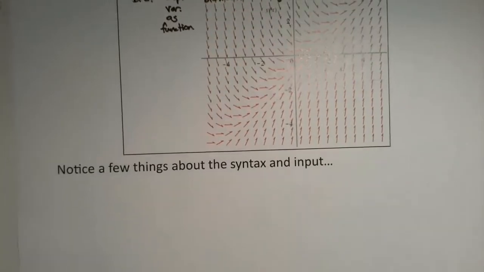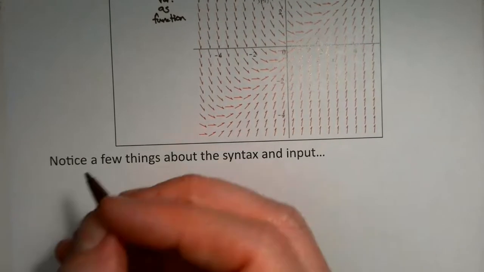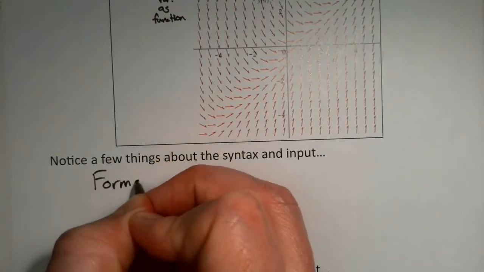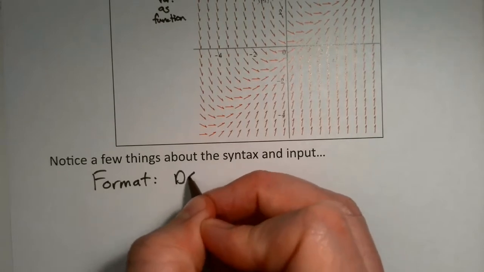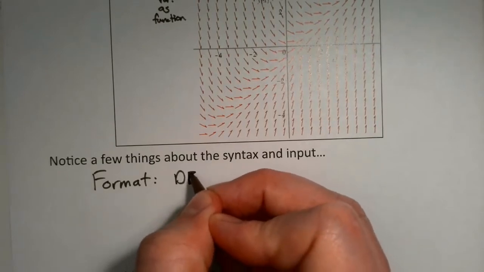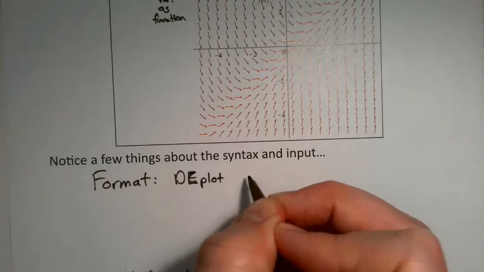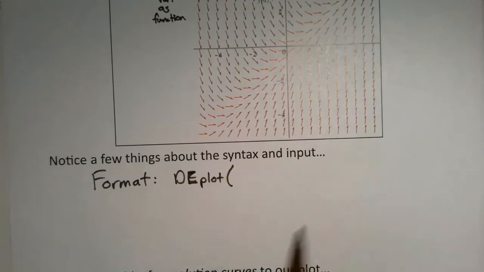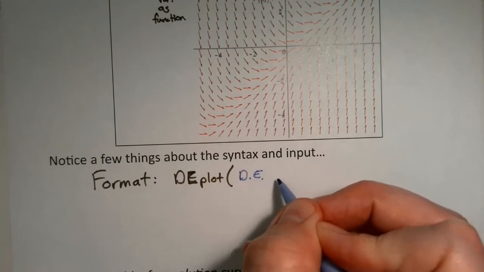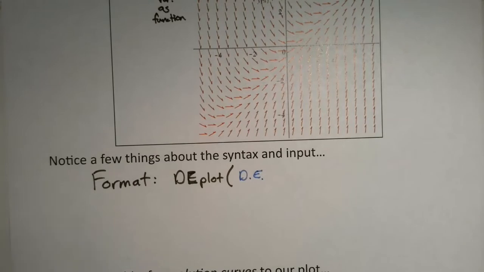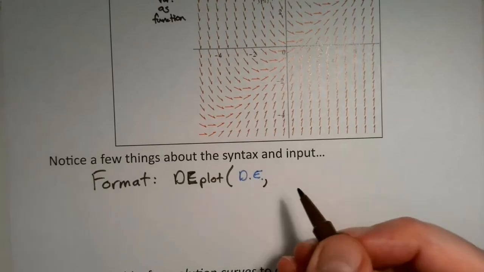And so putting things into syntax is really important. So recognizing the format, this is good to write, and write it a couple of times to get used to it, is the first thing: capital D, capital E, plot, lowercase plot, parentheses, and then we have some pieces. The first piece is you write your differential equation, comma, always separated by commas.